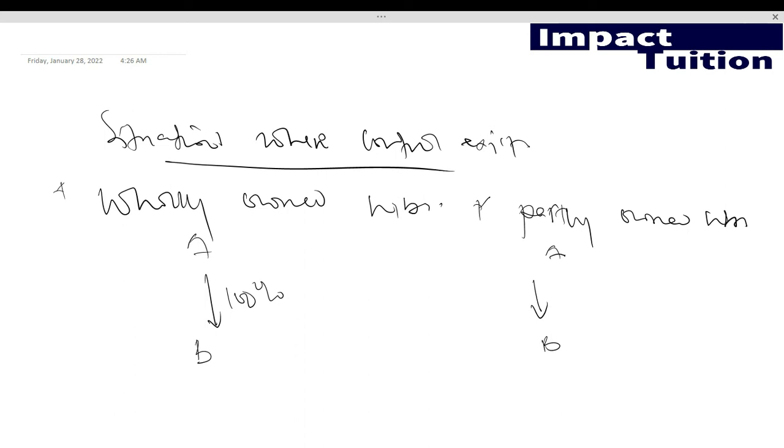So anything less than 100% is partly owned because there might be other investors. So for example, if A owns 70% of the shares in B, B is a partly owned subsidiary. A has controlling interest of 70%, and the rest is owned by other parties who are known as the non-controlling interest, or NCI.